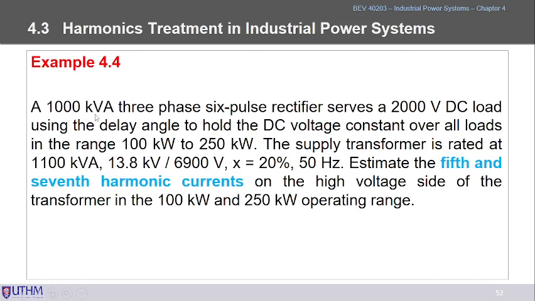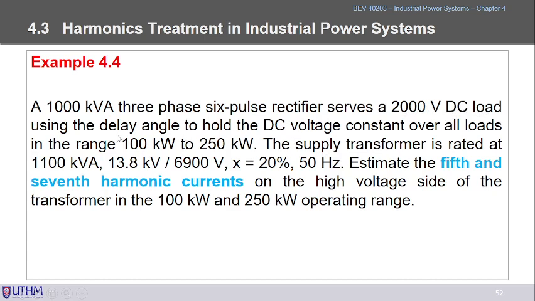And this is one of the examples using the 1/h rule. Let's say we have a 1 MVA or 1000 kVA, 6 pulse rectifier. It serves 2 kV of DC loads, so the DC load is operating at 2 kV DC, right?